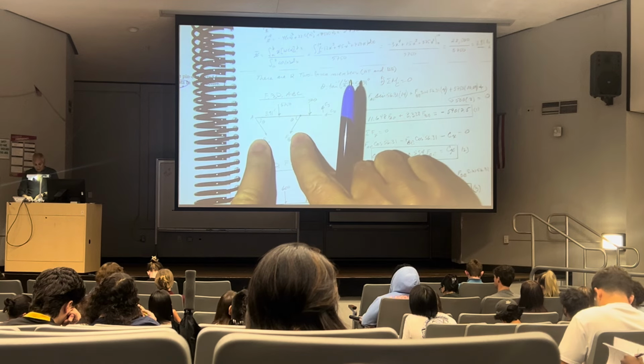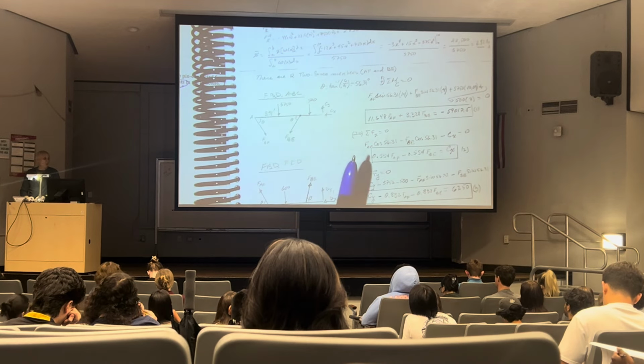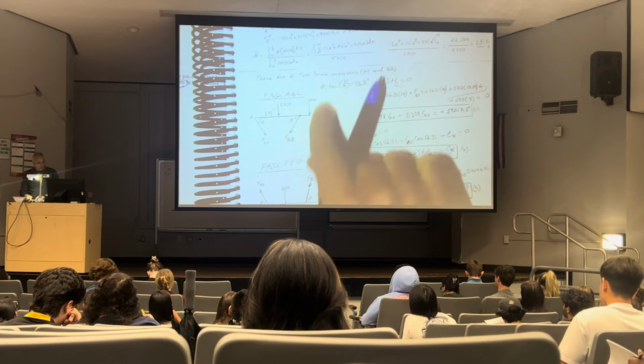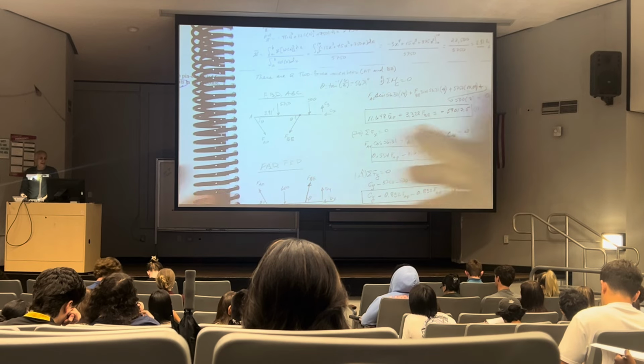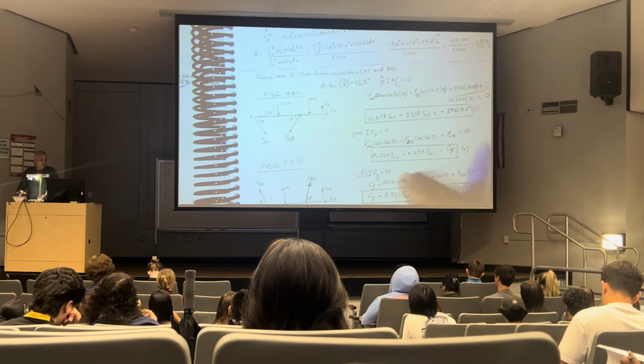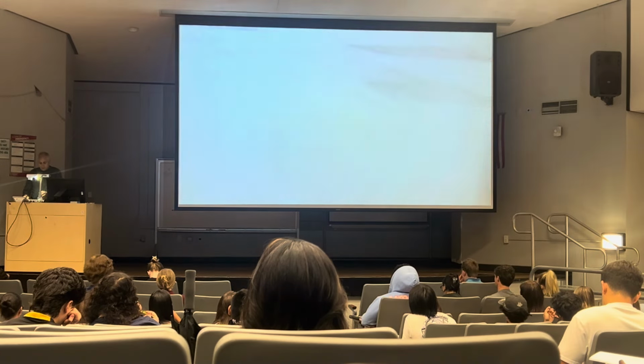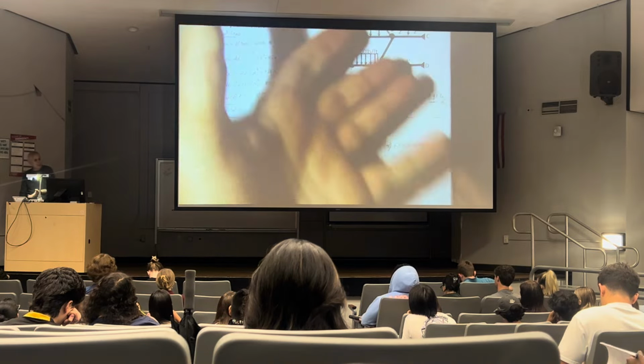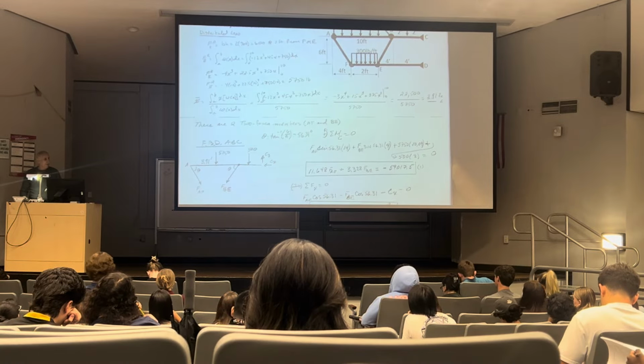Now, do I know these are pulling? I have no idea. Nor do I know that Cx, Cy is to the left and upwards. Again, these are all guesses. If I get a positive answer, I guess correctly. So in this one, I did not solve for the support reactions because I can't get them all. I said, to hell with that step. Let's move on.